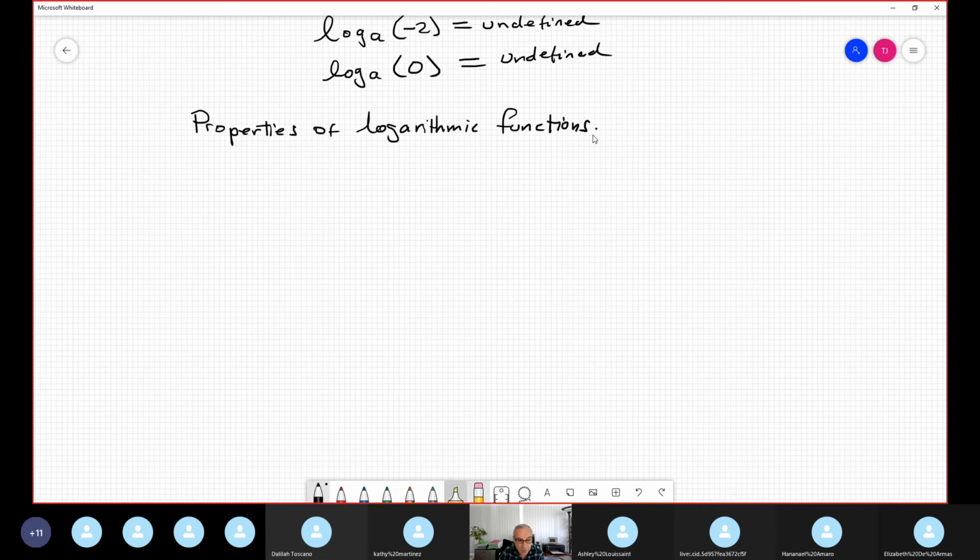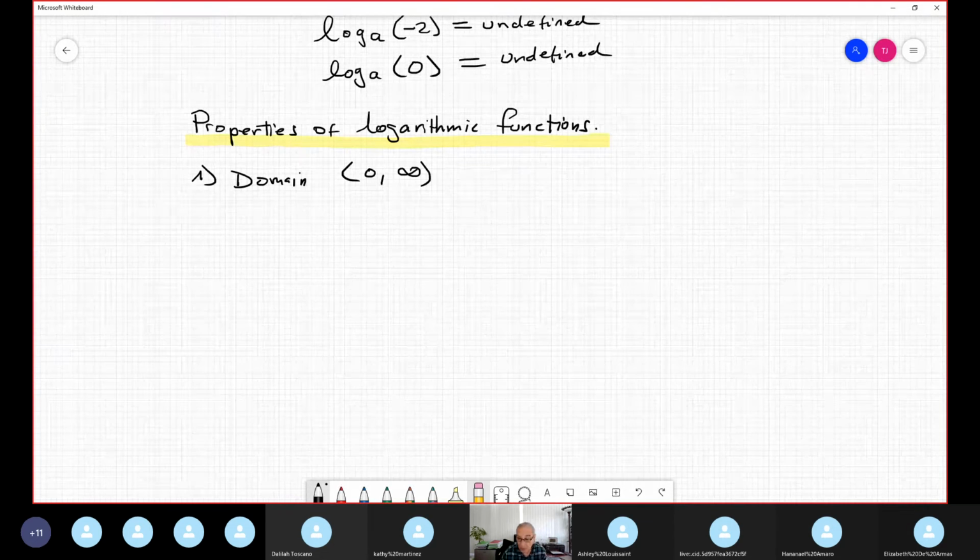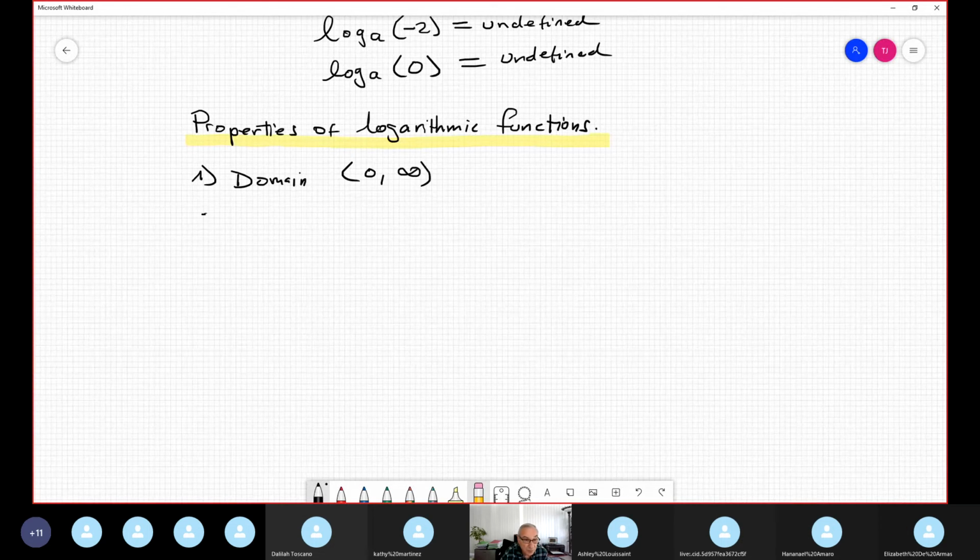Number one, domain. What is the domain of the logarithmic function? Well, it's from 0 to infinity. So only positive numbers, of course, not including 0 and not including negative numbers.